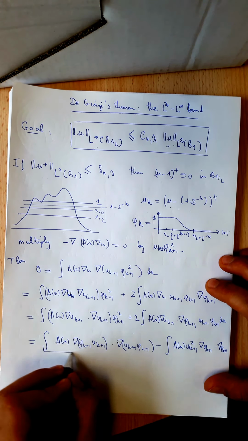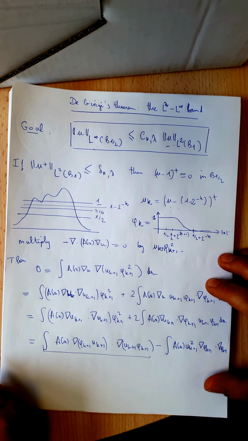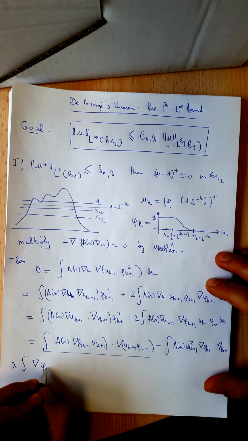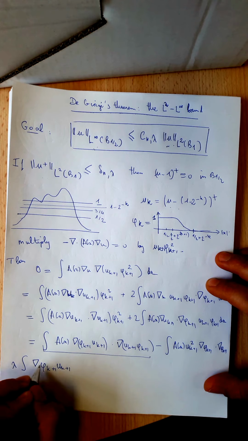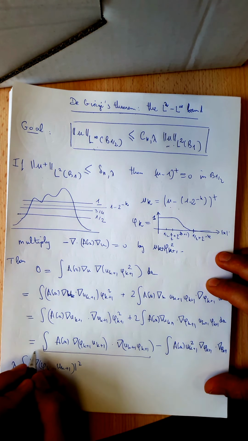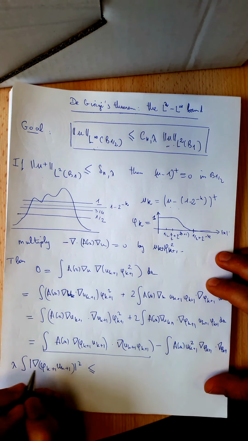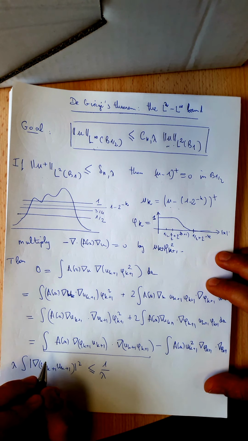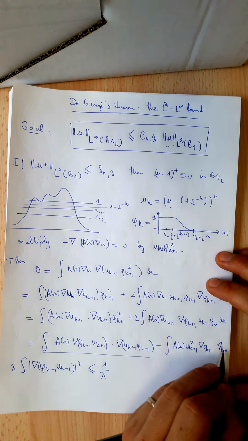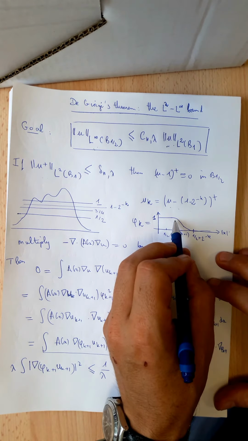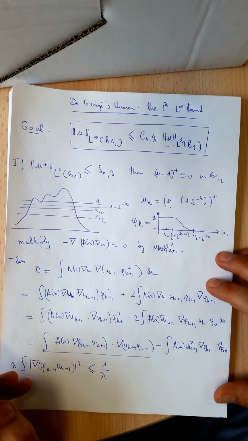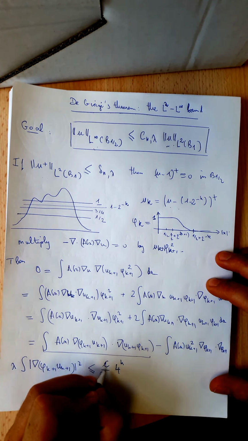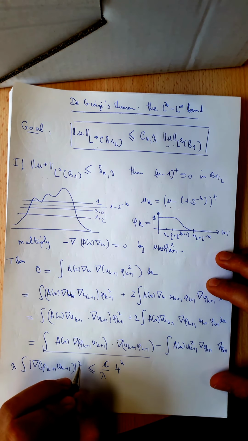Okay? Now this quantity is something that we can estimate from below using the ellipticity, and so we get that lambda times the integral of the gradient of phi k plus 1 u k plus 1 squared is going to be less than 1 over lambda times the L infinity norm of A times, so let's see, the gradient of phi k plus 1 is going to be, if you look at the graph of phi k, of size 2 to the k, so there's going to be a 4 to the k that's going to be coming in, and some universal constant depending on dimension only.